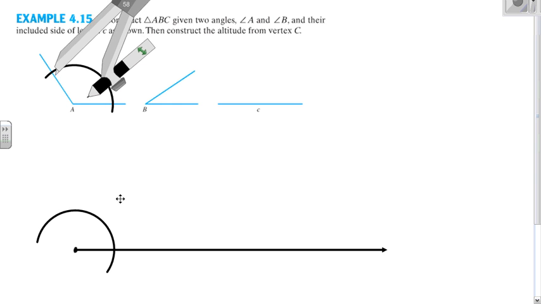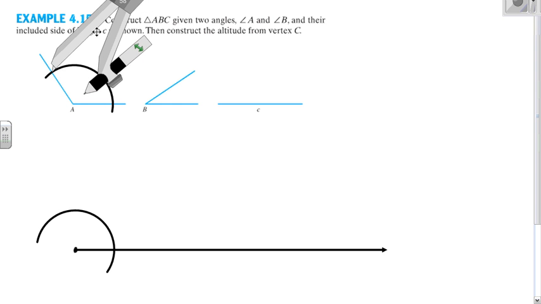Then we need to measure the distance from the two intersections.